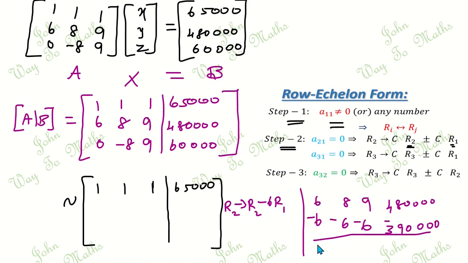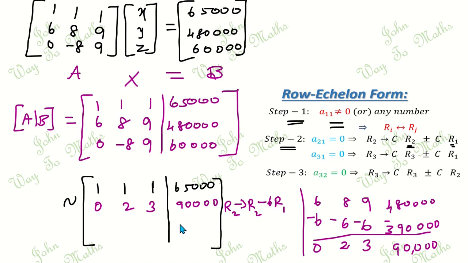So 6 minus 6 becomes 0, 8 minus 6 becomes 2, 9 minus 6 becomes 3, then 4,80,000 minus 3,90,000 we get only 90,000. So I'm going to enter this value here: 0 2 3 90,000.